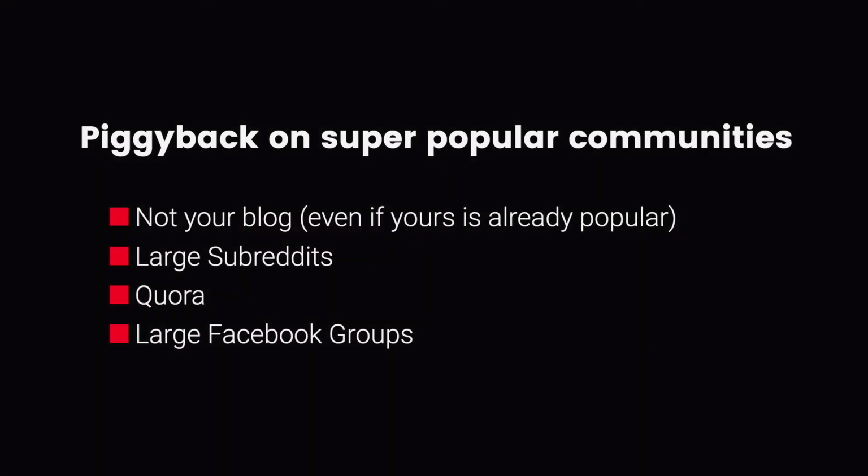The key thing here is to piggyback on very popular communities. If you post on your blog, chances are you're not getting so many eyeballs, so you can't expect way too much engagement.